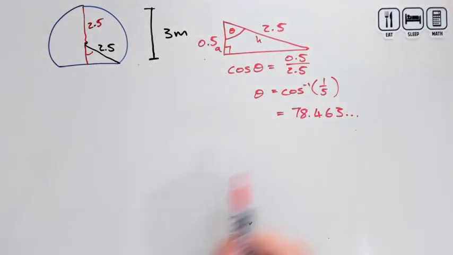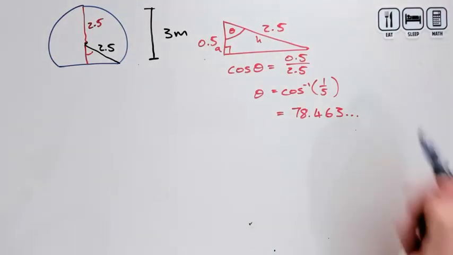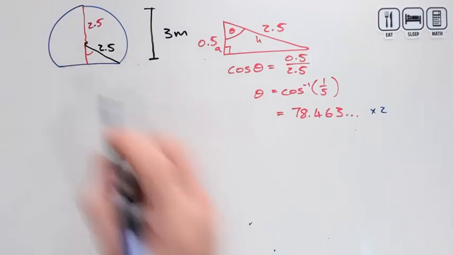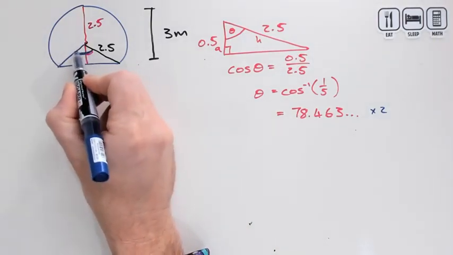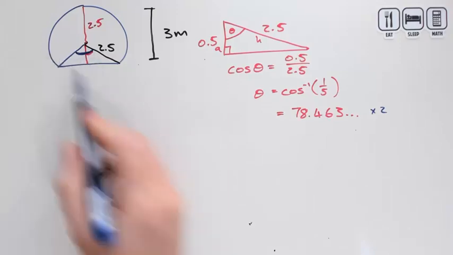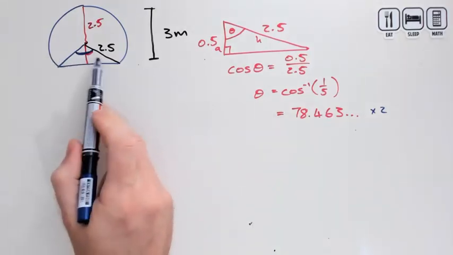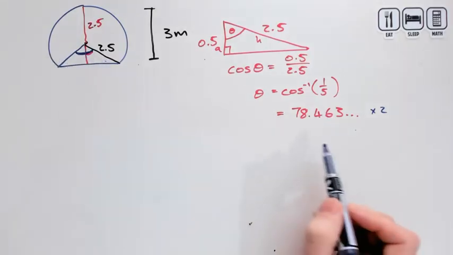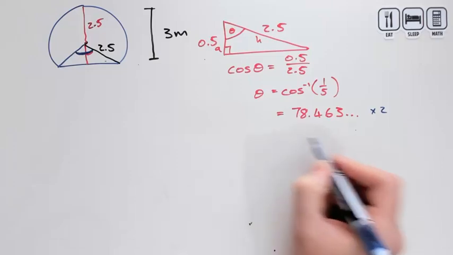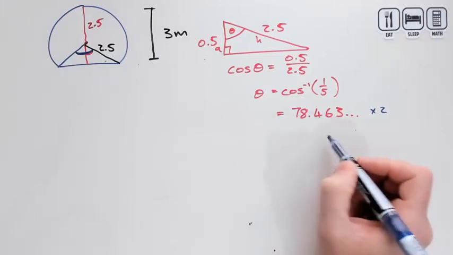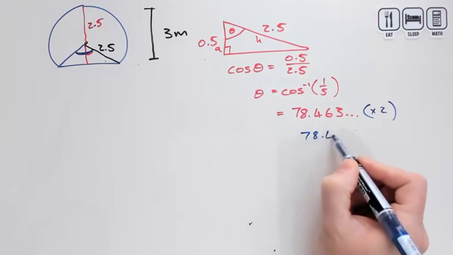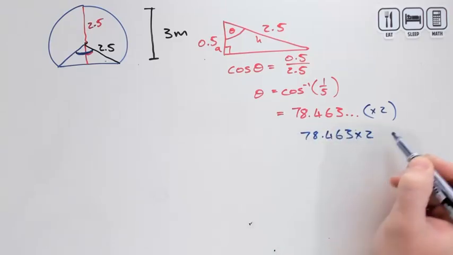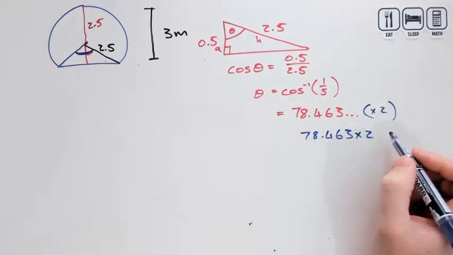And now I'm going to multiply that angle by 2, because I want this whole angle there. These are obviously congruent shapes. So 78.463 times 2, it should be like 150 or something.